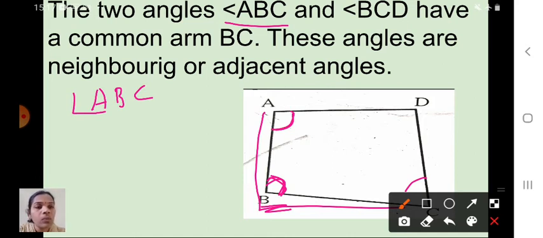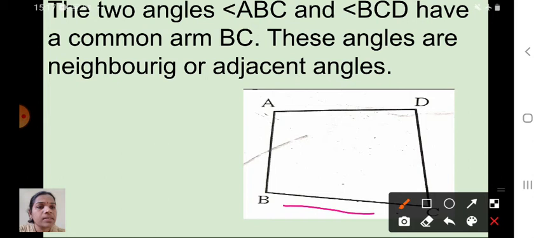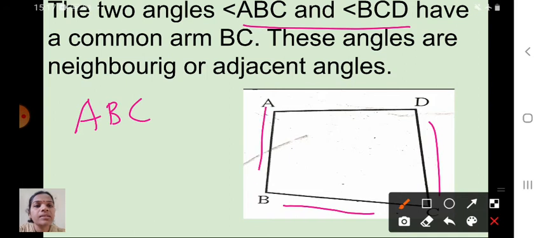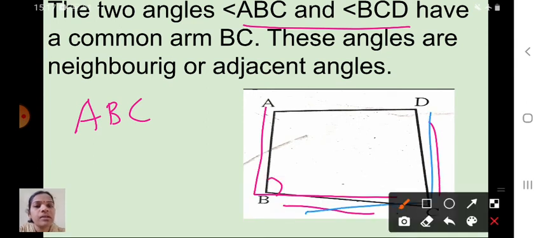Okay, so if I want to mention the C angle, how do I have to write here, children? BCD or DCB. So first I mentioned angle ABC, that means the B angle, and this angle, angle BCD. BCD means which angle is there?